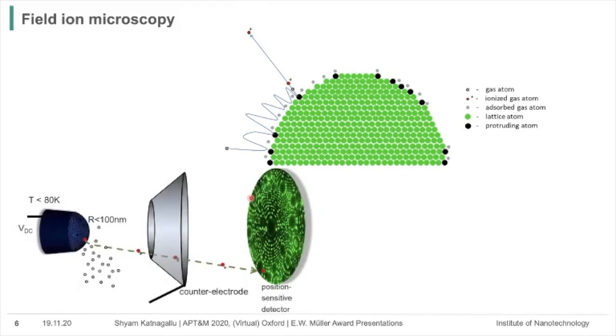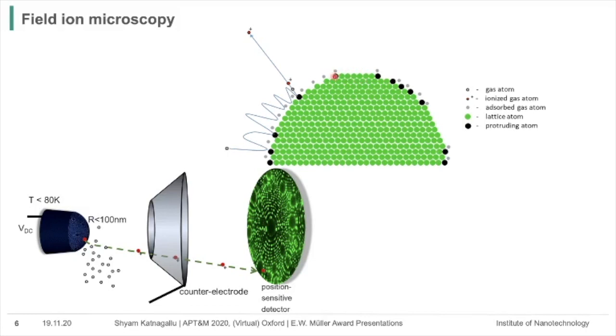Once it leaves the surface, it's collected at the detector, and on the detector you are forming a field ion micrograph. The contrast on the field ion micrograph is a consequence of the variation of local electric field on top of each atom. As I said before, since you are forming these terraces, the atom sitting at the edge of the terrace will experience a higher field compared to the atom sitting at the middle of the terrace.